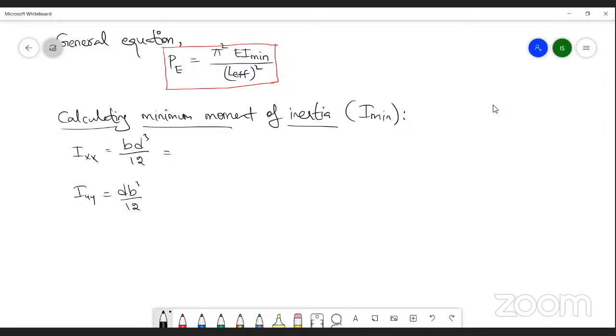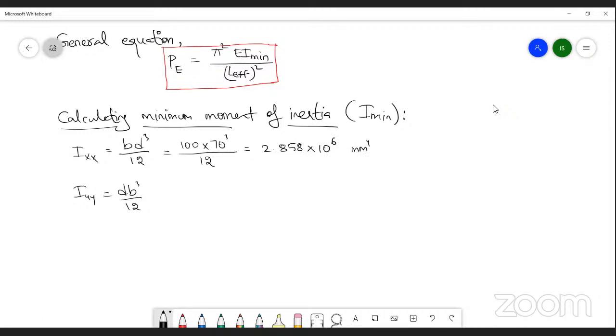So B is 100 and D is 70, but we have cube over here. So 100 into 70 cube divided by 12, and the answer will be 2.858 into 10 power 6, and the units are mm power 4.